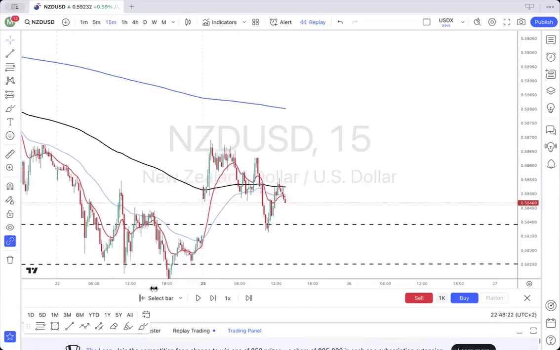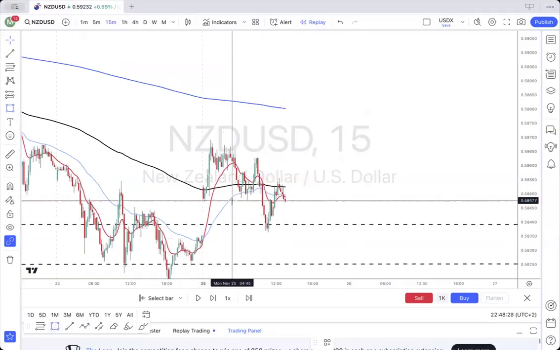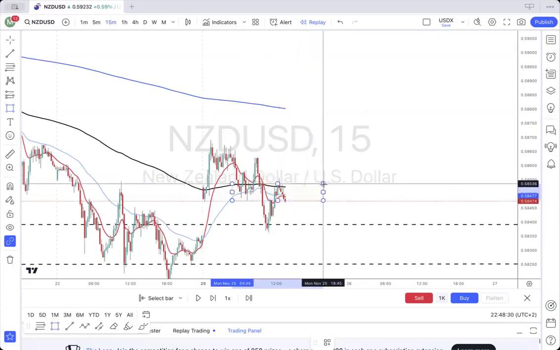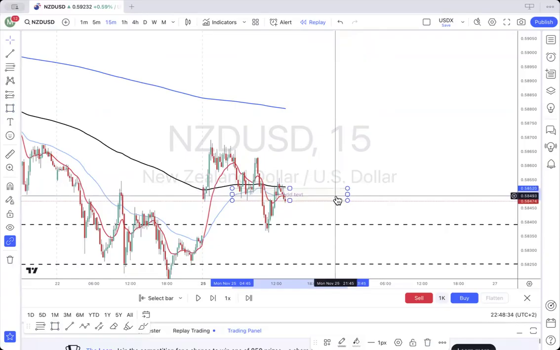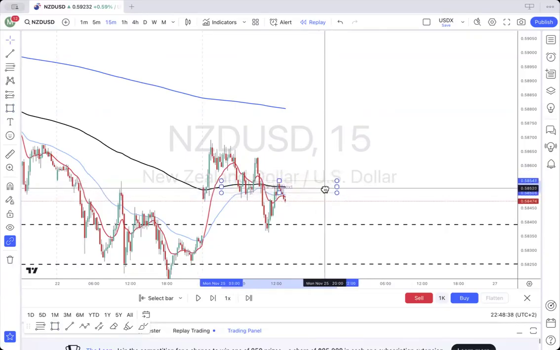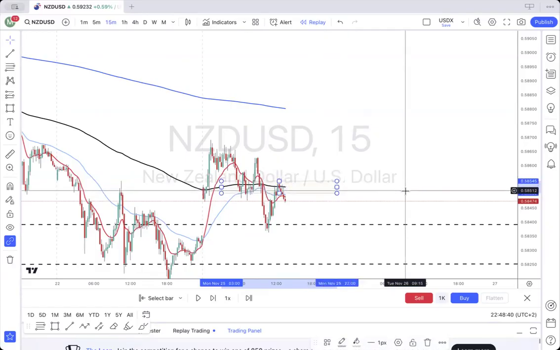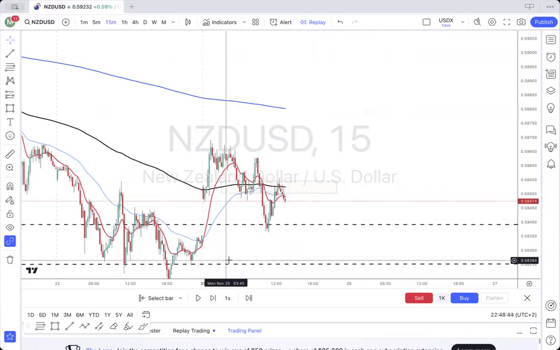Yeah, they did. So I don't know if you guys saw what I was waiting for. I was waiting for that part there where they come for the neckline. So that is what I was waiting for. And guess what? Yeah, they did come for the neckline.